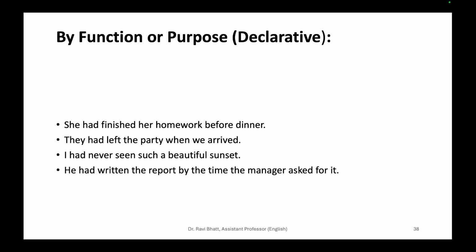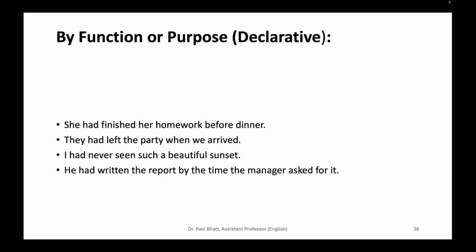For example, the first sentence, she had finished her homework before dinner. So there are two actions happening. Say she is a girl named Andrea. So Andrea did two actions. She ate dinner and she finished her homework. Now, which action did she do first? So as the sentence says, she had finished her homework before dinner. So before she had her dinner, she had finished her homework.